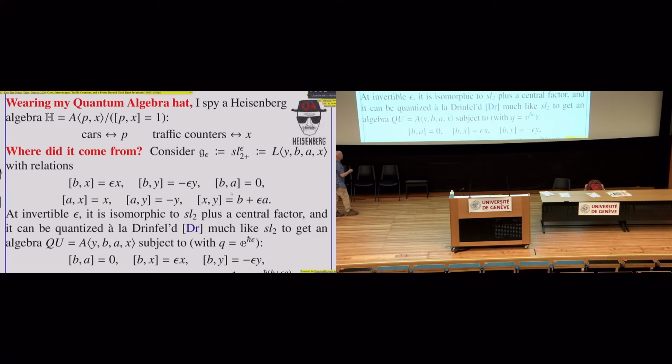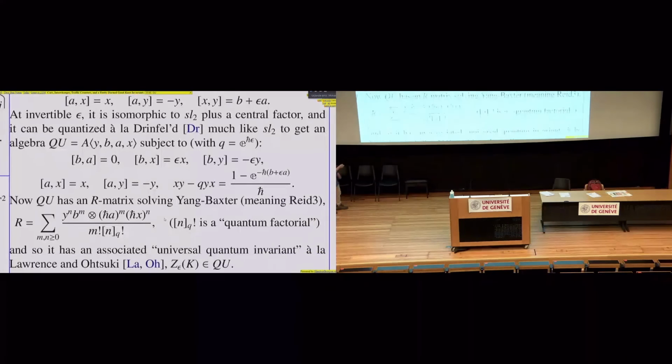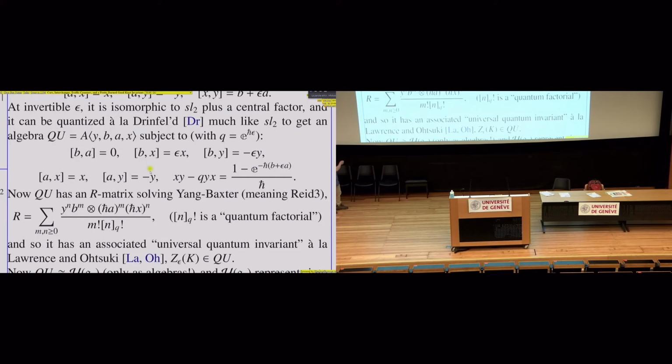And you can quantize and you get a new algebra, QU, which is the associative algebra generated by the same generators and subject to some quantized relations as written here. And it comes free with an R matrix, something that satisfies the Yang-Baxter equation or Reidemeister 3, and it's written here.